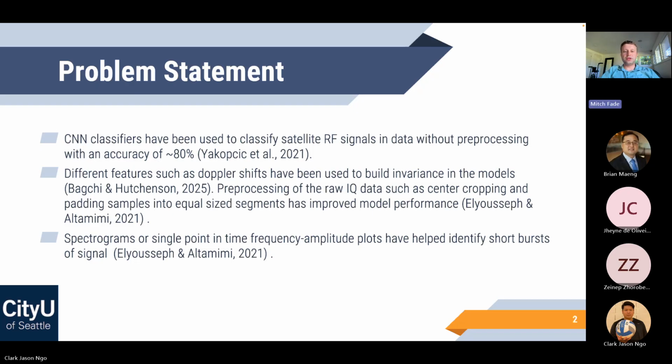For a problem statement, previous research has been used to classify RF signals without data preprocessing with an accuracy of around 80% on satellite downlink data.